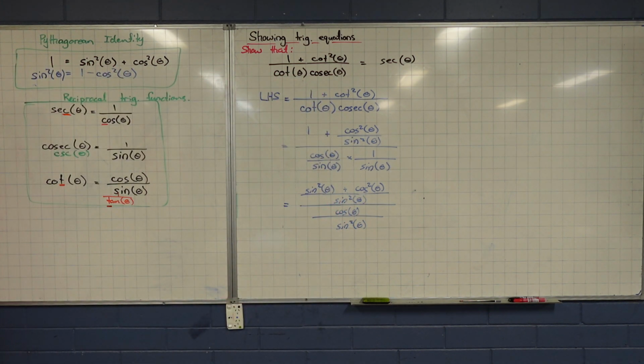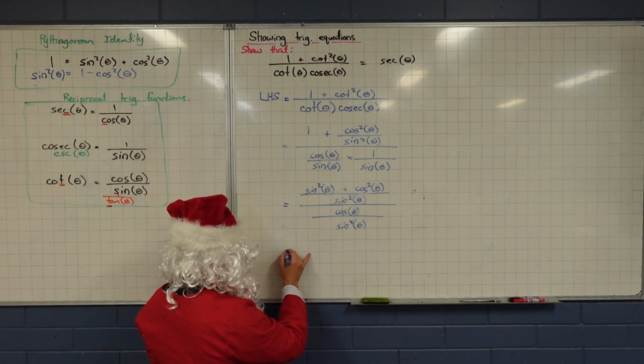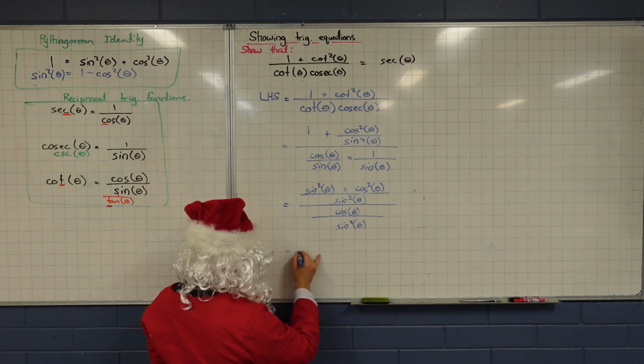Then, before we do anything, let's have a look at what trig identities we have. Is there anything that can simplify that sine squared theta plus cosine squared theta? Equal 1. So up here, it just becomes 1. That's our first simplification so far.